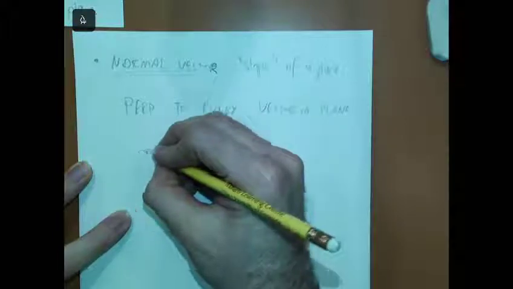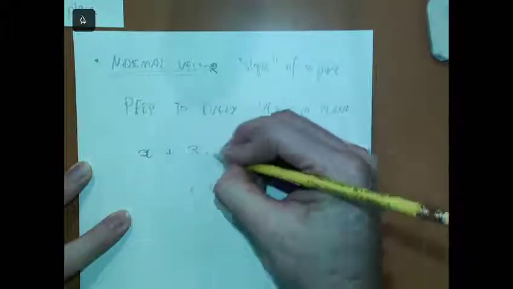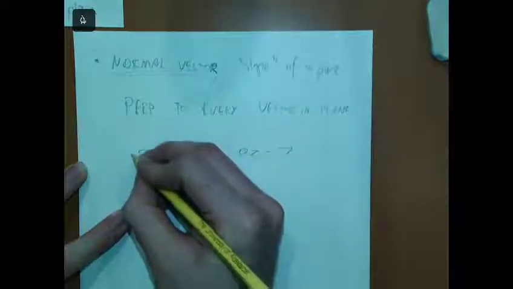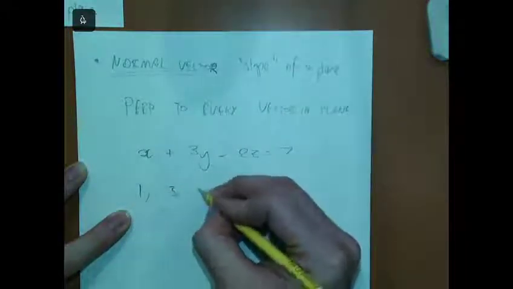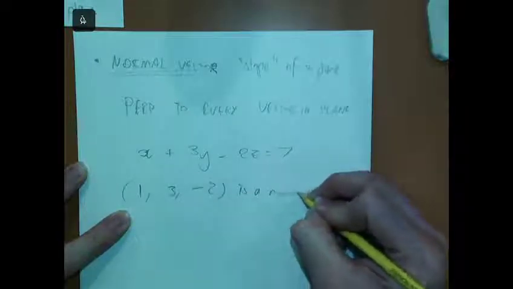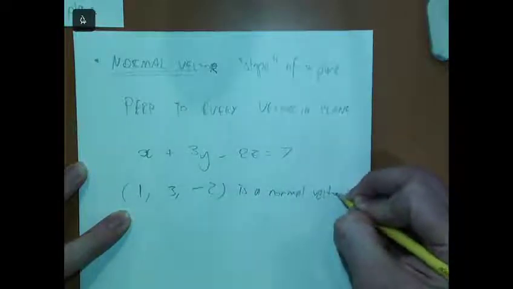But a really nice place to find that vector is in the Cartesian version of the plane. So if you have something like this, then these three coefficients, 1, 3 and minus 2, is a normal vector.